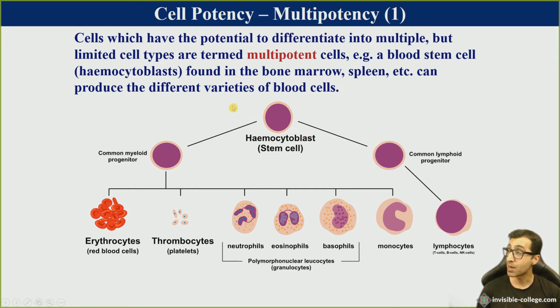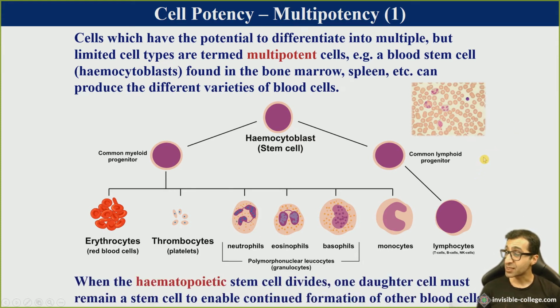These are found in the bone marrow and also in the spleen, and these can produce the different varieties of blood cells by successive differentiation and specialization, as shown in this diagram. So when these types of hematopoietic stem cells divide, one daughter cell must remain a stem cell to enable continued formation of other blood cells.